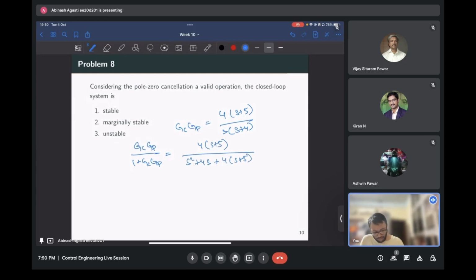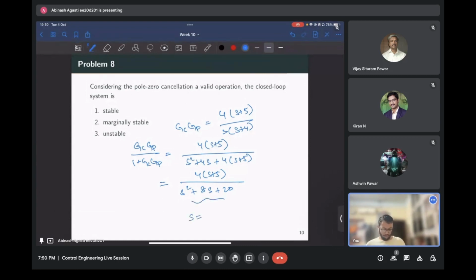Is it clear? 4s plus 20 by, let's just keep it 4 into s plus 5 by s square plus 8s plus 20. Right. So is this a stable transfer function? What do you think? We can just find out the poles of this directly. No need to use Routh array.